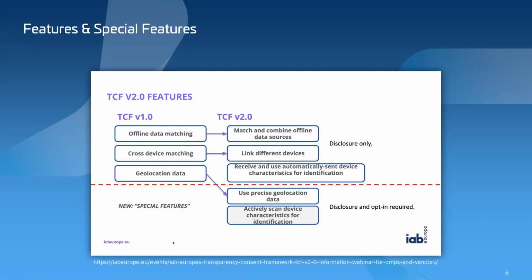So that's not the normal IP geo targeting where you just target a country or a region. And the other thing is actively scan device characteristics. So that's active fingerprinting, where you basically scan the device in order to create a fingerprint. So these things, the IAB felt that they are a bit more sensitive and therefore they need an extra consent.